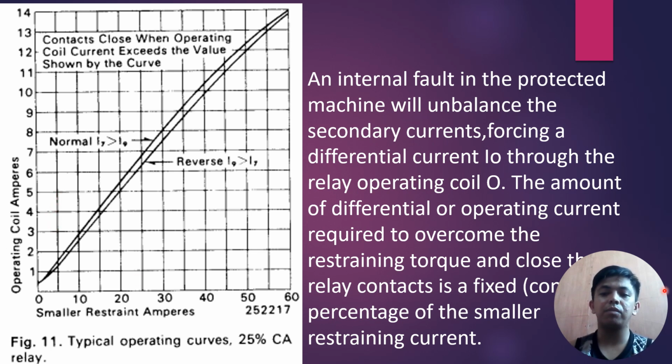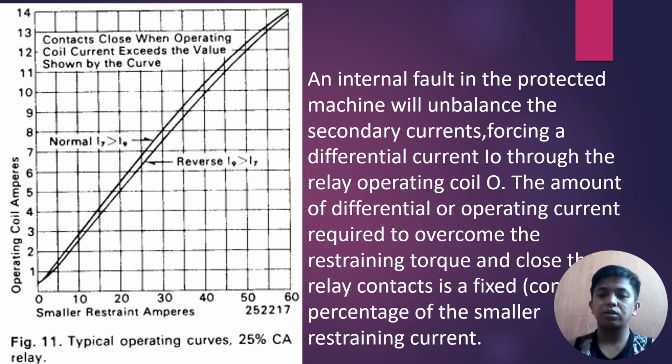For example, at 20 amperes of restraint current, the relay now requires around 7 amperes of operating current to trip instead of 3.5 amperes.